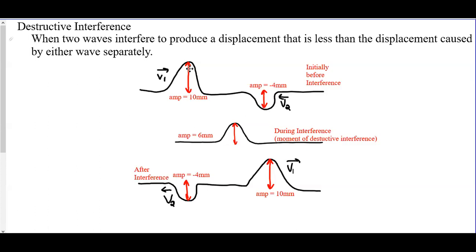And so when you have a large crest compared to a small trough, at the moment of interference, when you superimpose the two waves together, you'll just have to subtract the two. So 10 added to a -4, or just think of it as 10 - 4, you'll only have a 6 millimeter amplitude. So the trough takes away from the crest. If I had a larger trough compared to my crest, I would just have a smaller trough in the end. So this would be your destructive interference.